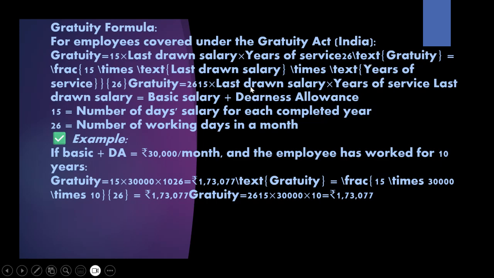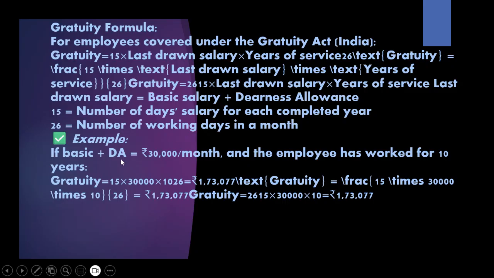This is the gratuity formula. Basic salary plus dearness allowance. Number of days 15 is equal to number of days salary for each completed year and 26 is the number of working days in a month. 26 is by default the number of days in a month and 15 is the number of days salary for each completed year.